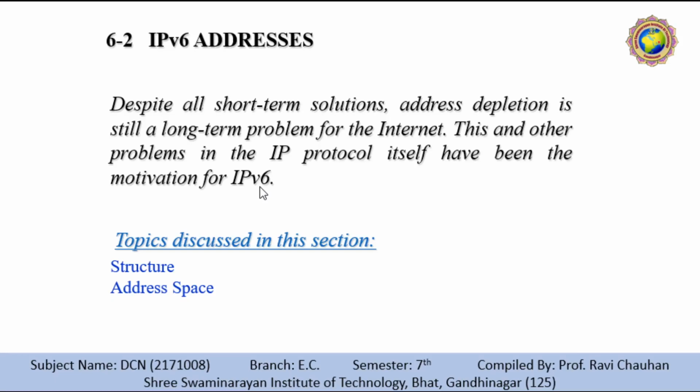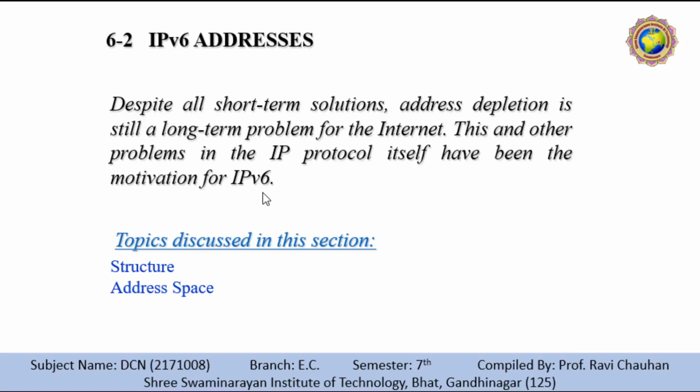Some problems you can remember: classless addressing, dynamic host configuration protocol DHCP, NAT, address depletion, all are examples of this problem. Such a lack of accommodation for real-time audio and video transmission, and encryption and authentication of data, some applications have motivated our IPv6.